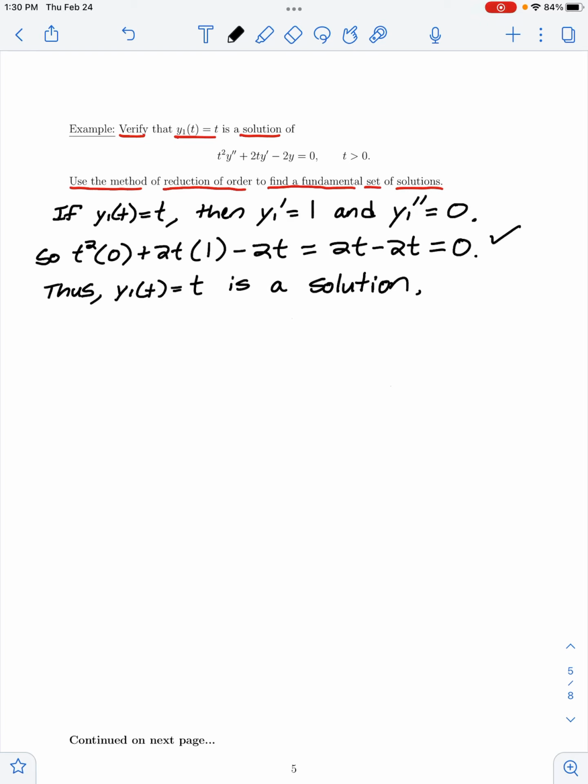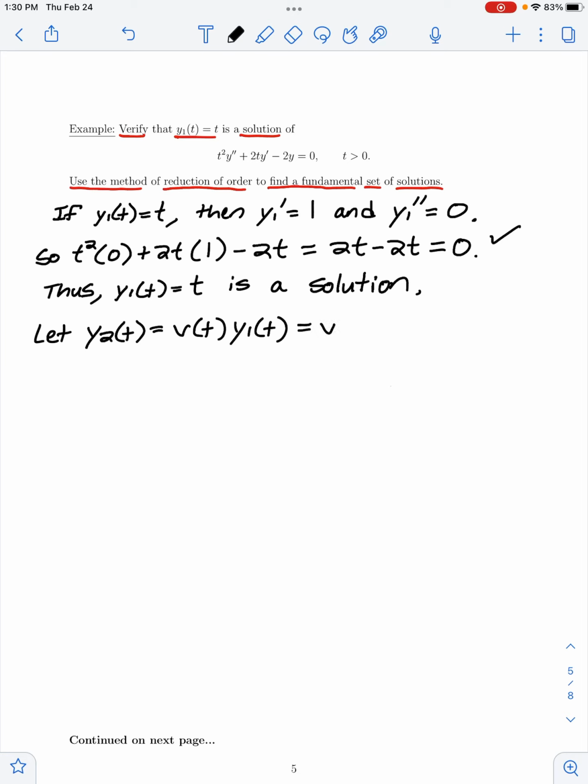Now for the rest of this problem, to find a second solution and find a fundamental set of solutions, I'm told to use the method of reduction of order. And that method says, well, to find a second solution, let me maybe call it y2 of t, we take some function v of t, and I multiply by my first solution, y1.